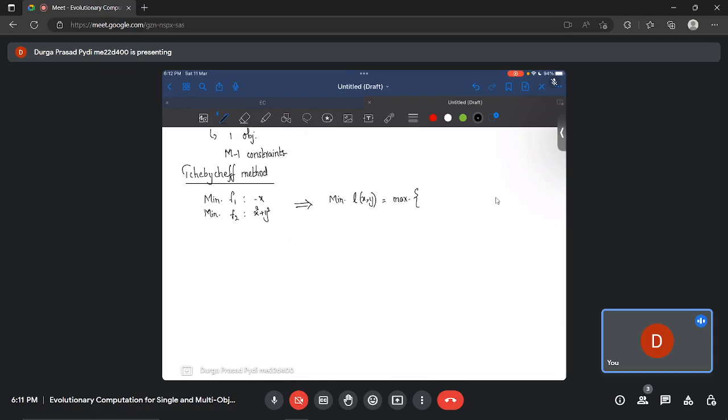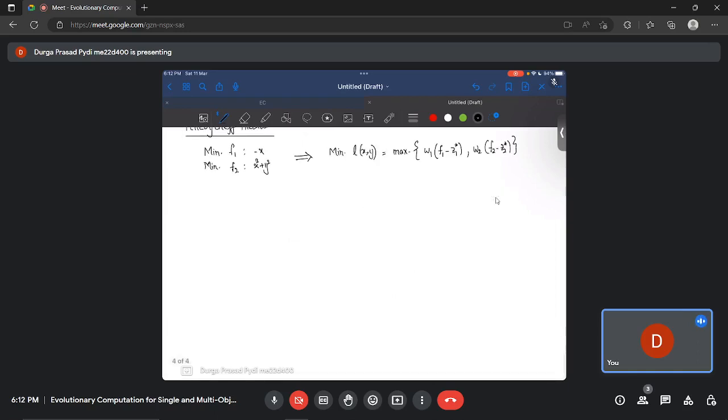We will maximize the distance from, we'll take some weighted combination of w1 times f1 minus z1 star, and w2 times f2 minus z2 star. We'll now define what z1 star and z2 star are.